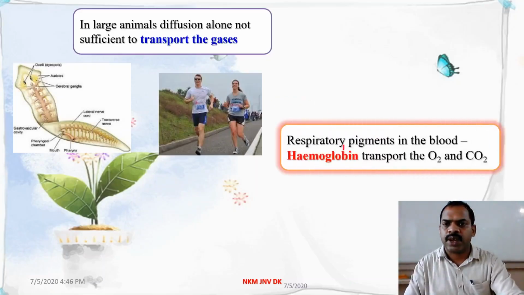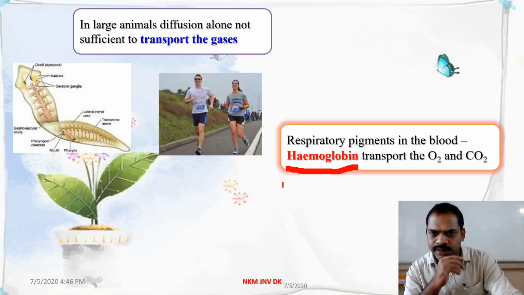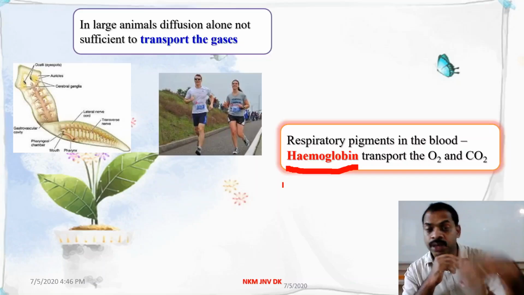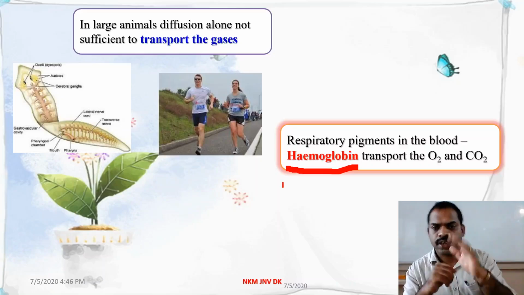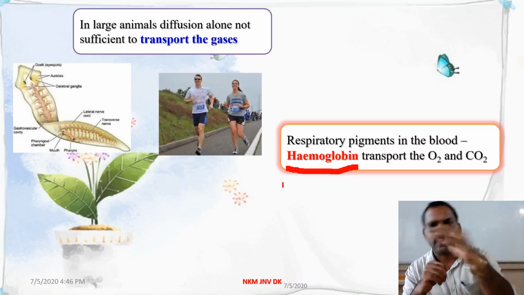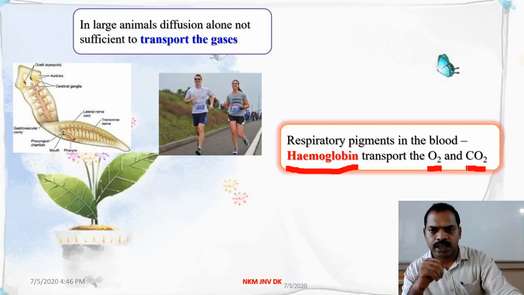For that, we have a respiratory pigment in the blood called hemoglobin. So, what do we learn about hemoglobin? Hemoglobin gives red color to the RBC. Of course, it gives red color, but that is not its function. Its main function is to transport mainly oxygen and carbon dioxide.